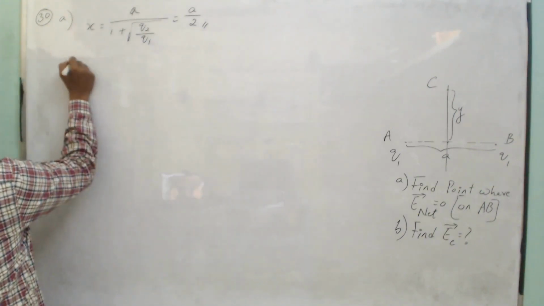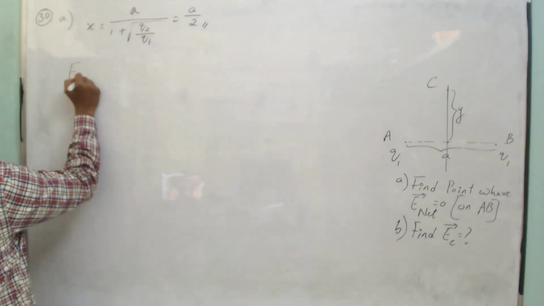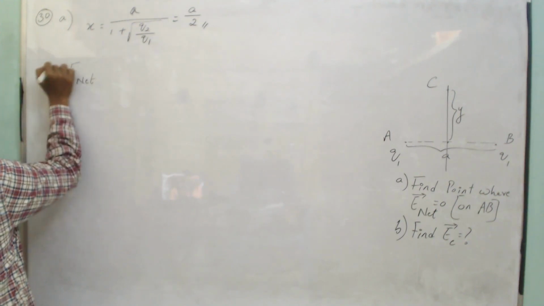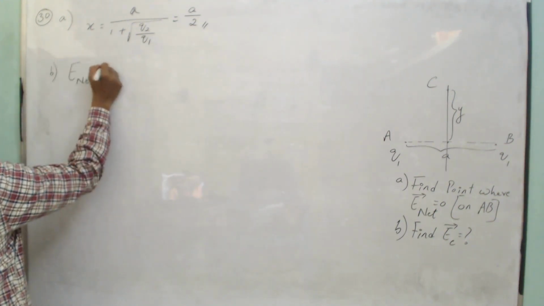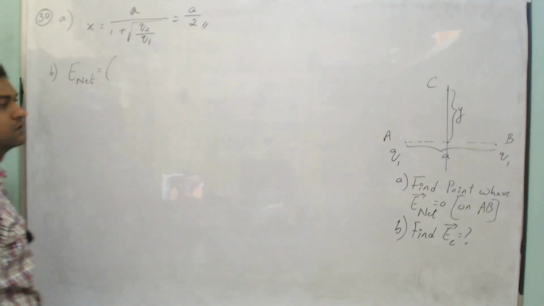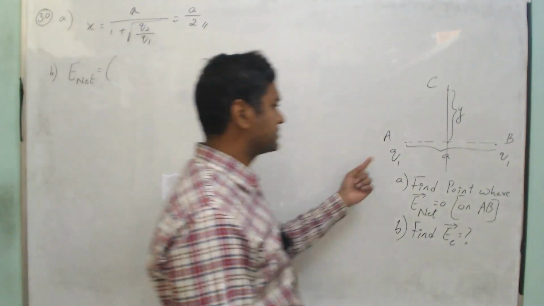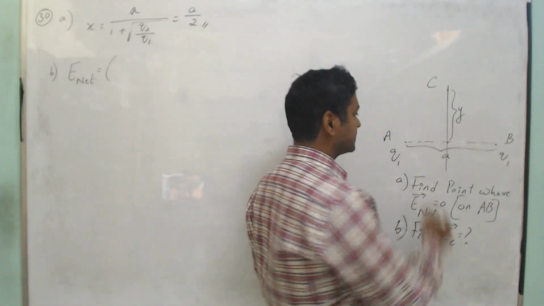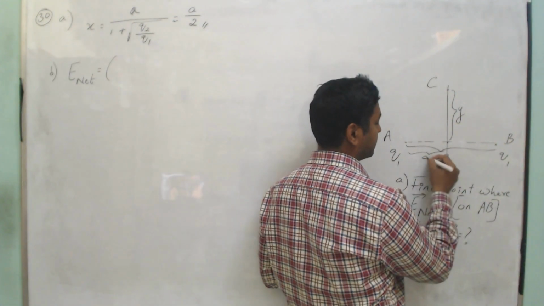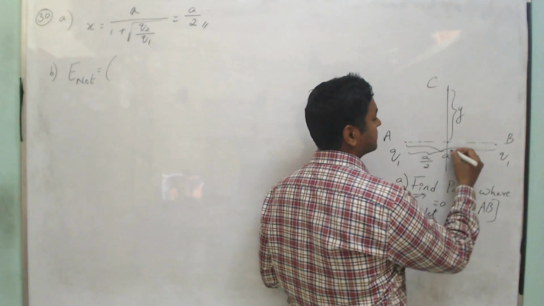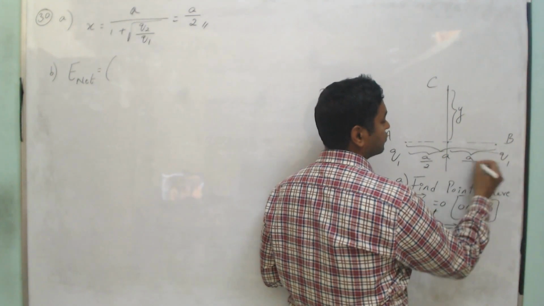So we will see how we have done that in the previous one. This is the B bit. E net is equal to. See, because the charges are same, we got the distance as same. X is A by 2. That means this distance is also A by 2.